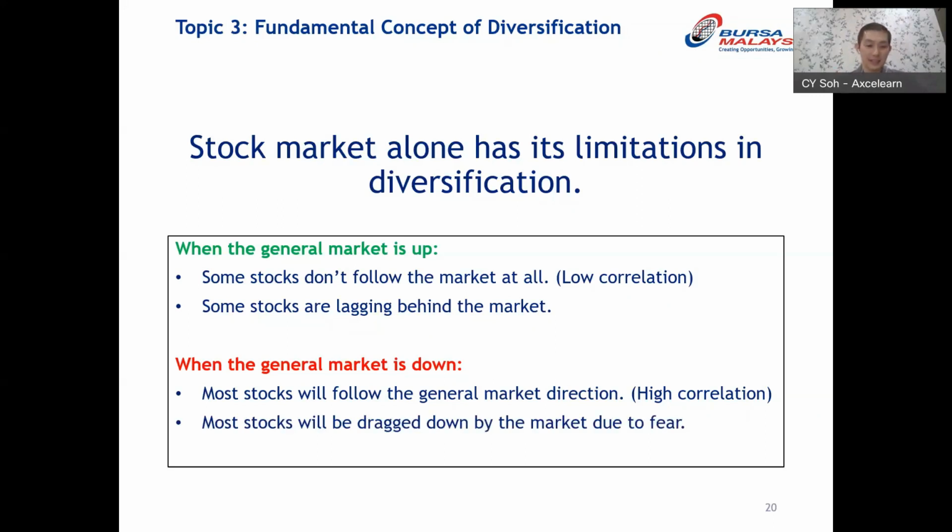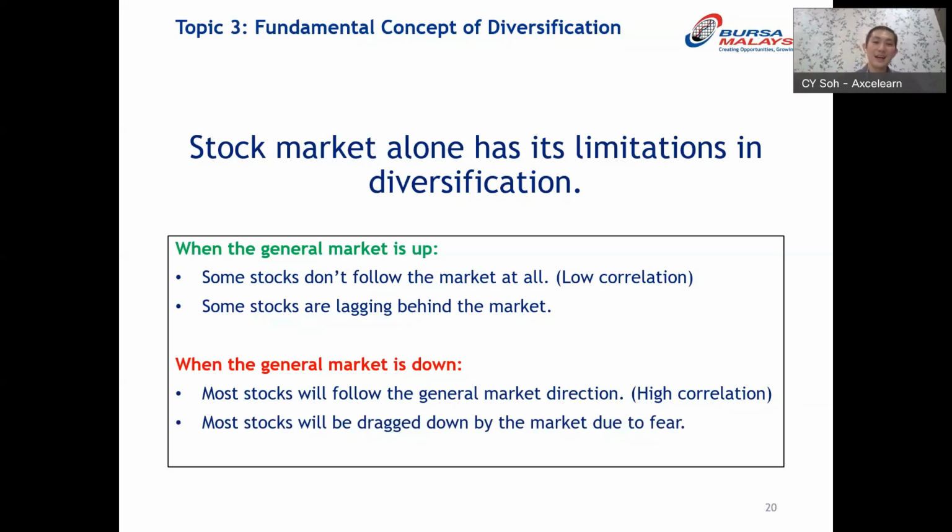This theory has been studied widely by researchers, and it is actually quite valid. Some of you might have experienced this already: sometimes the market goes up and your stock doesn't follow at all, but once the market comes down, your stocks generally follow the market, right?